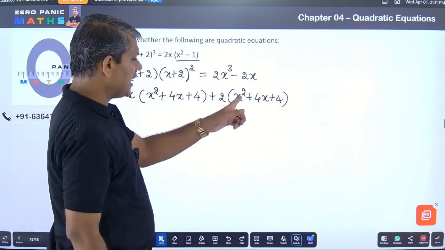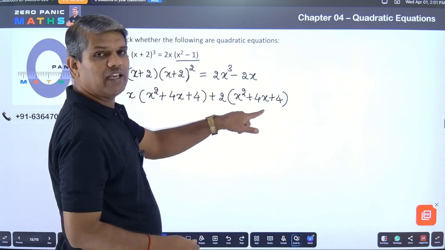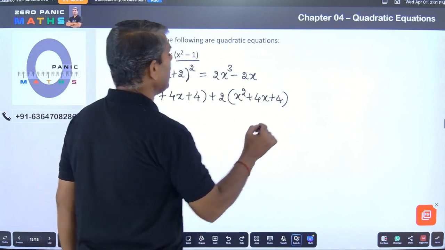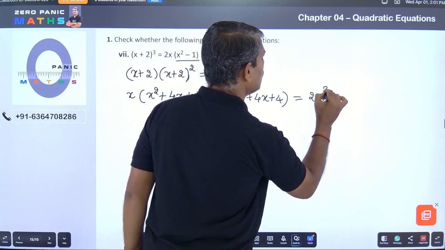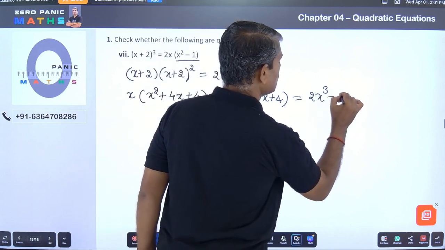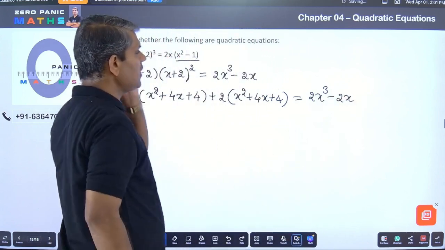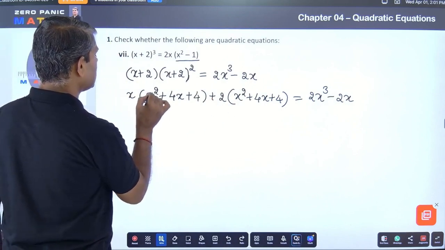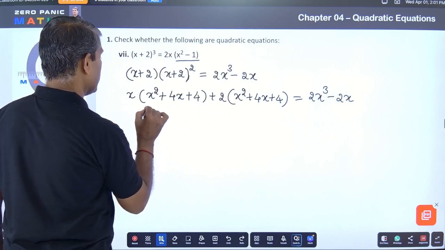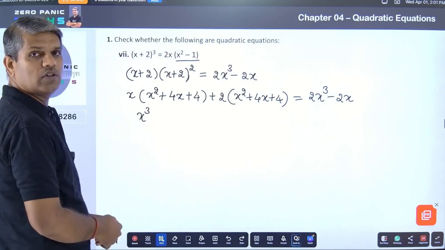That is a square plus 2ab. Inside it, it is 2ab. Right? Is equal to 2x cube minus 2x. Now let us again resolve. x into x square, it is x cube, right?